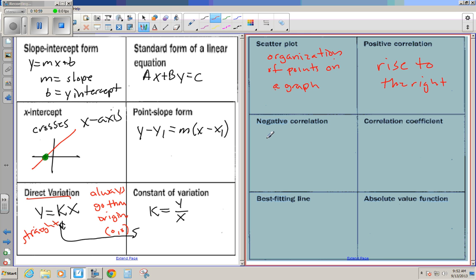Negative correlation falls to the right. That means for this one, positive slope goes up to the right. Negative slope falls to the right.